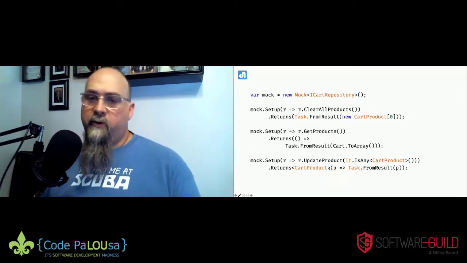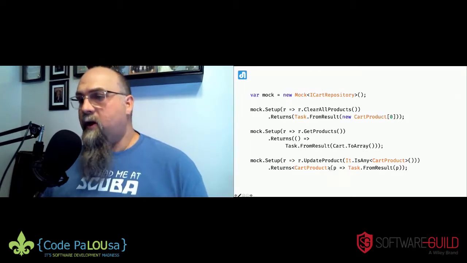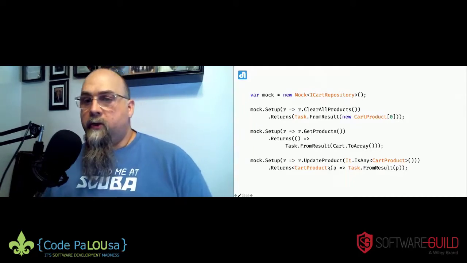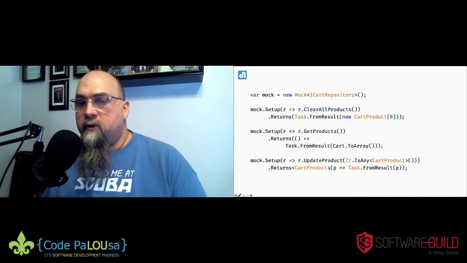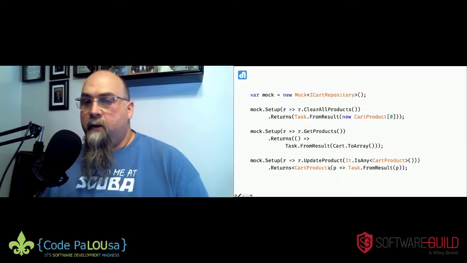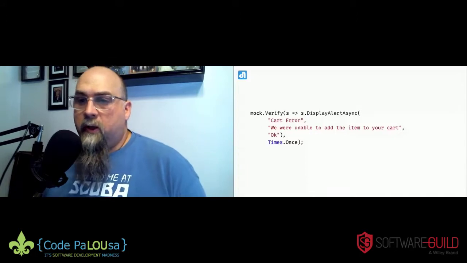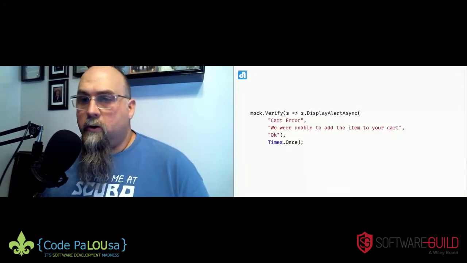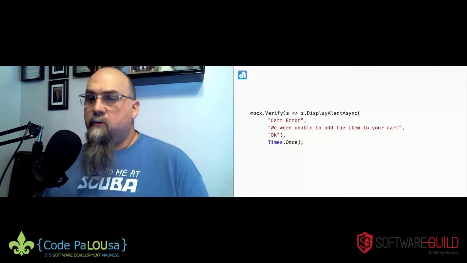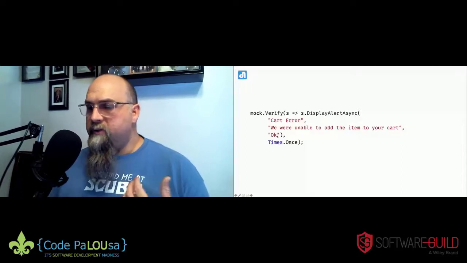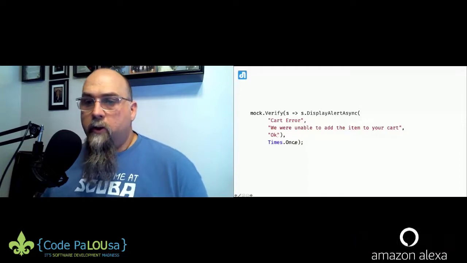And then after we do these things and run a test that does stuff on it, we want to know if it actually did anything. So we could do things like this for the dialog service, and we could verify that the service display alert async was called, and was called with these explicit values. And it was called one time. This might be somewhere where there was some sort of error.